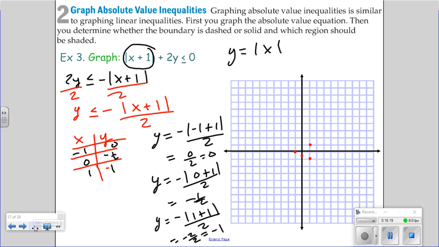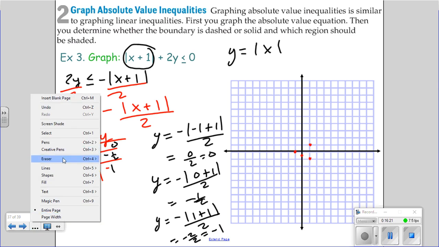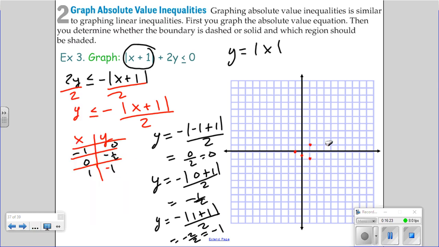Something's not right. Something's not right at all. Negative 1 plus 1 is 0. 0 divided by 2 is 0. 0 plus 1 is 1. It's a negative 1/2. True. 1 plus 1 is 2. Negative 2 over 2 is negative 1.